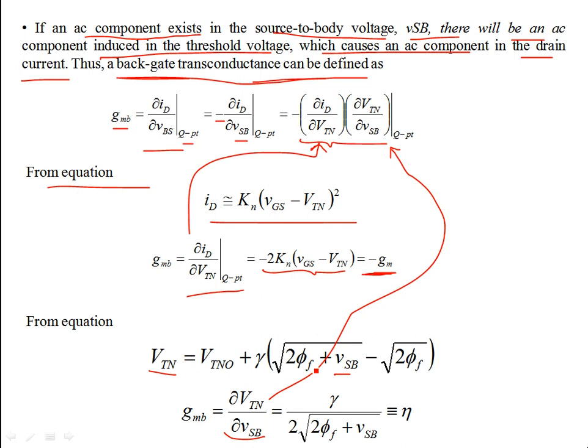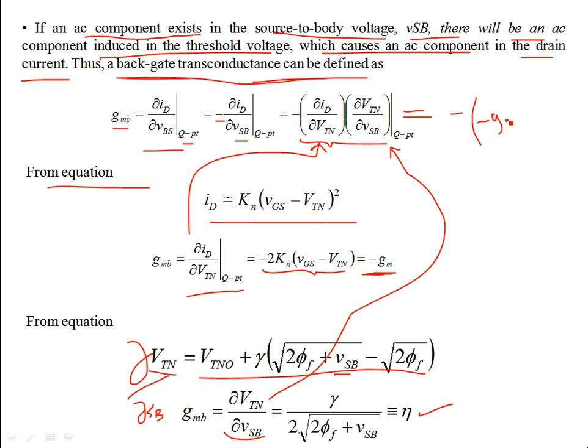If you take the derivative of this expression with respect to SB, the first term does not contain any VSB, so it is 0. The third term is also 0, so it's only the second term. This parameter is called eta. So the backgate conductance parameter becomes equal to minus GM times eta.